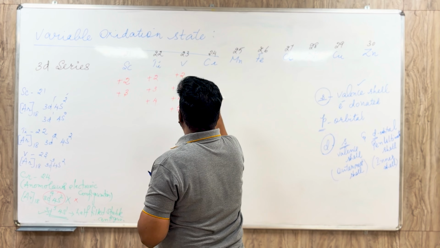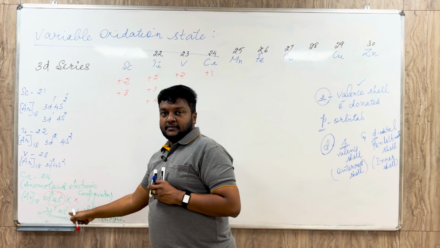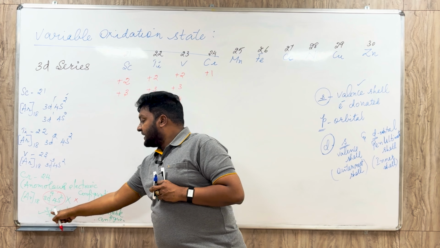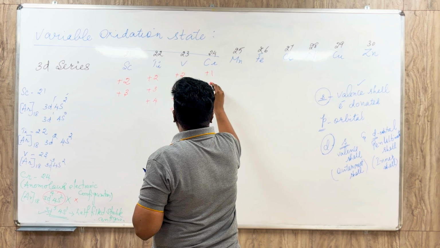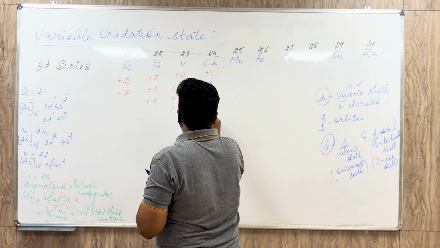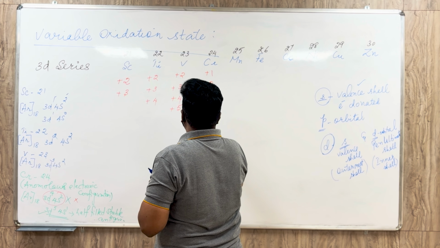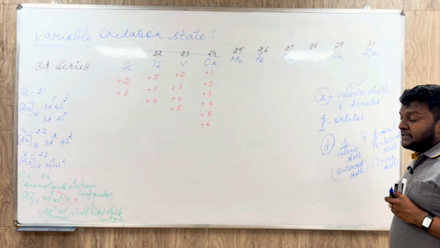So the possible configurations we can write: chromium +1 is possible. It can donate 1 electron, so 3d becomes 5 and it is stable. Then +2 is possible, +3, +4, +5 are possible, and to attain 0 configuration, +6 is also possible.